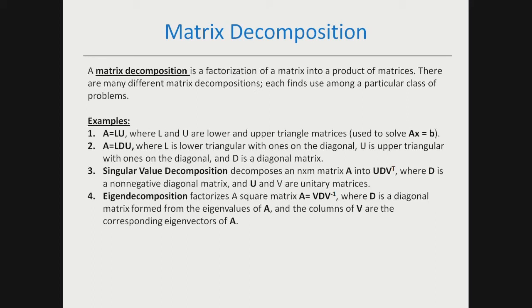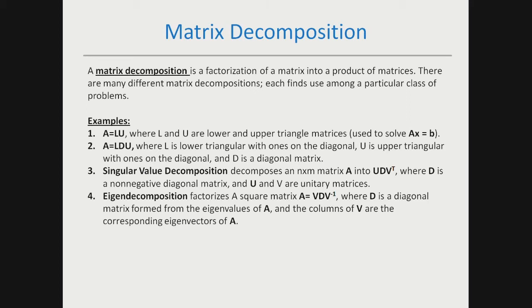This case requires A to be a square matrix. We can also subdivide a matrix into LDU, which is also a common decomposition, with the lower triangle, the upper triangle, and a diagonal matrix.